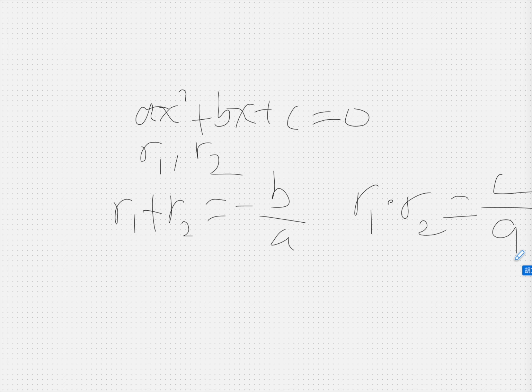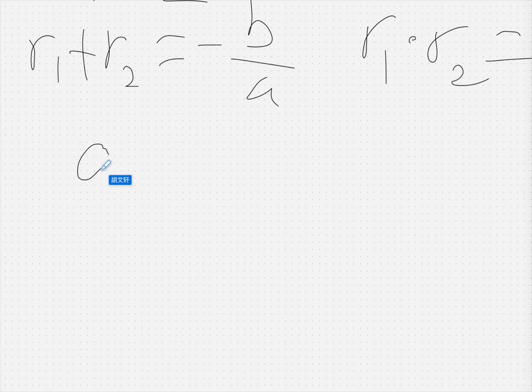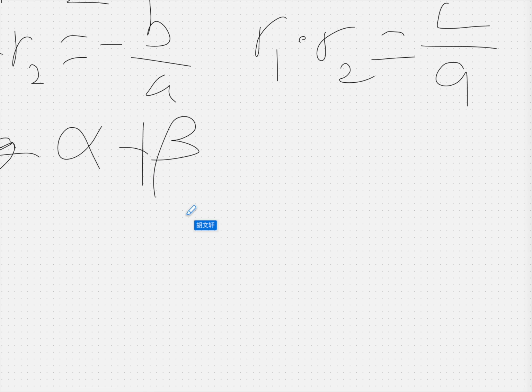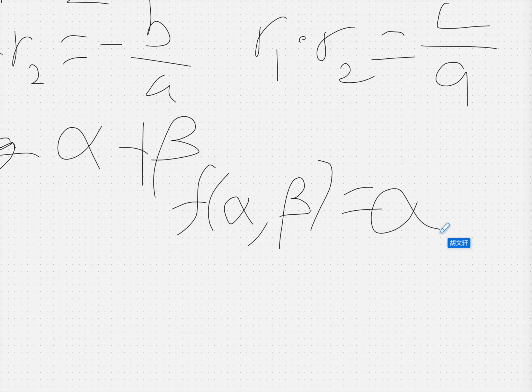And now symmetric functions of the roots of a quadratic equation. If alpha and beta are the roots of a quadratic equation, then functions such as f(alpha, beta) = alpha + beta, exactly.